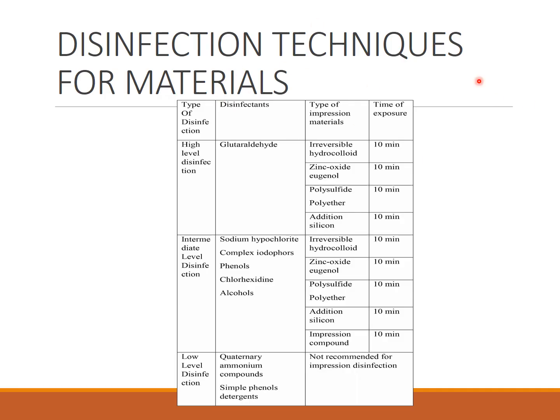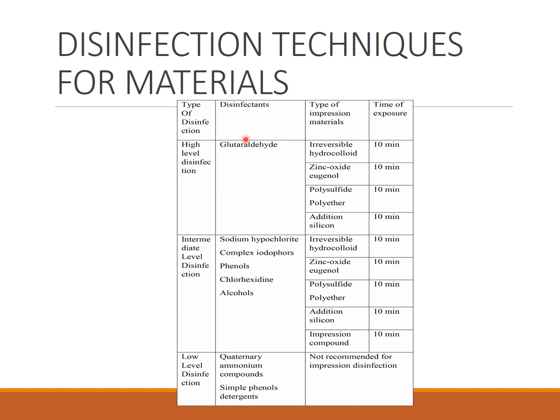Coming to our last two slides, guys. Disinfection techniques of materials are also important. The types of disinfection are high level, intermediate, and low level. Glutaraldehydes are usually what we are using in the department.